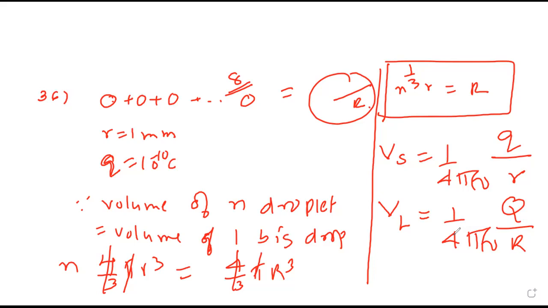All drops are spherical in shape. Therefore, the formula of potential on a sphere is 1 upon 4 pi epsilon, q by small r for the smaller one, q by capital R for the larger one.